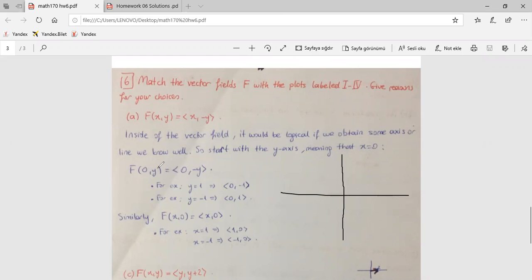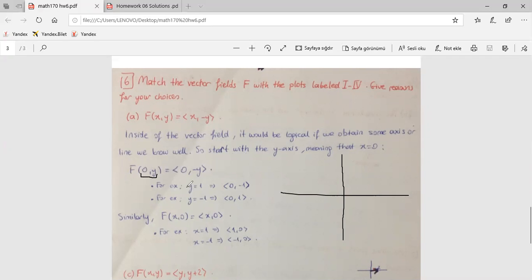Okay, now it's logical if we start with the axes or lines that we know well. So we start with the y-axis. We want to find the change through this axis. When we're on the y-axis, when x equals 0, we obtain these vectors.